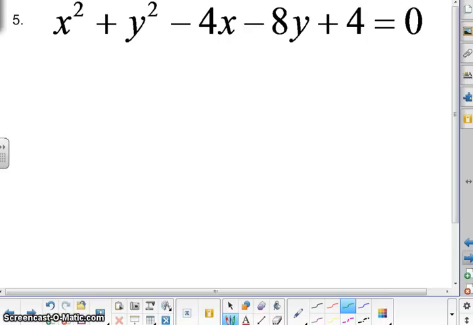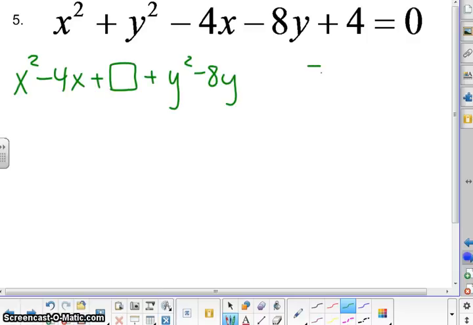Okay, this last one, again, push pause, see if you can get it. X squared, plus y squared, -4 is over there, little box, little square.